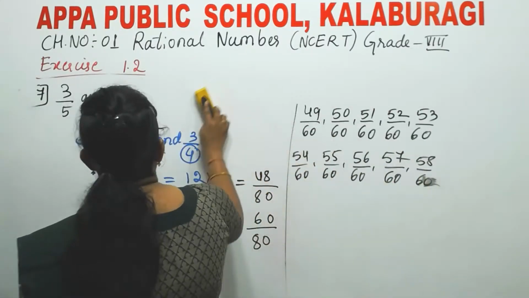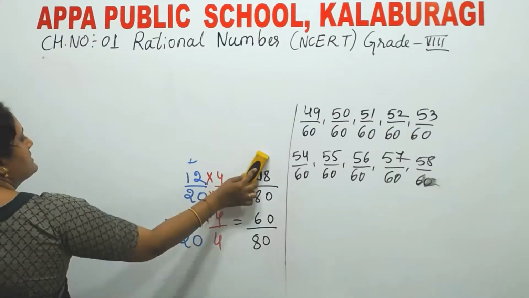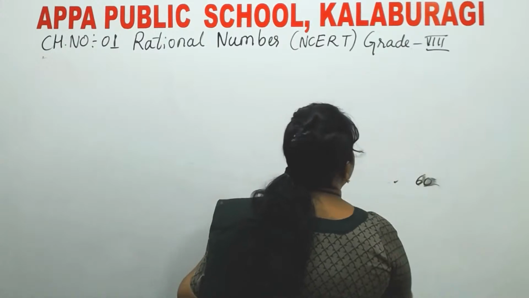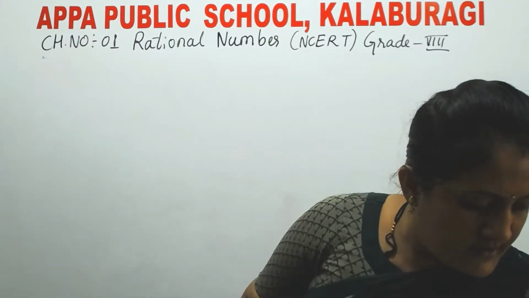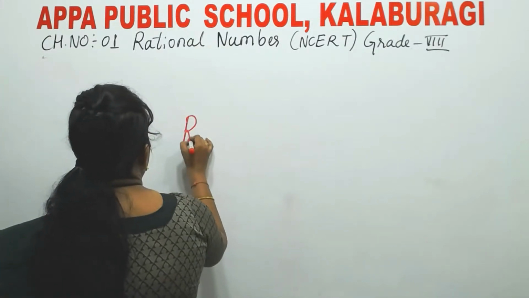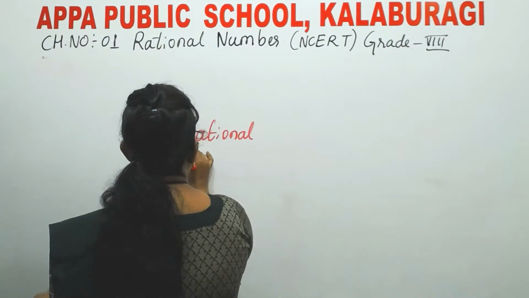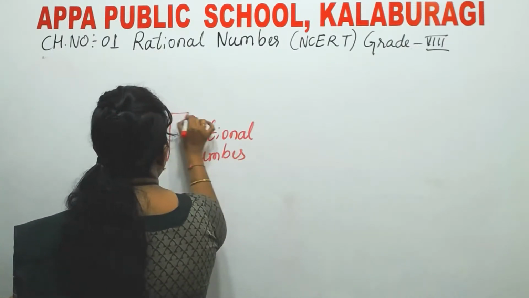Now, can you recap what we have learned in the rational numbers chapter? Yes, we have played with the numbers, right? So can anybody tell me what we have learned in the rational number? You should know now what we have learned in this chapter.